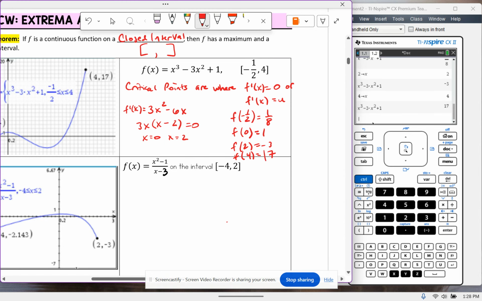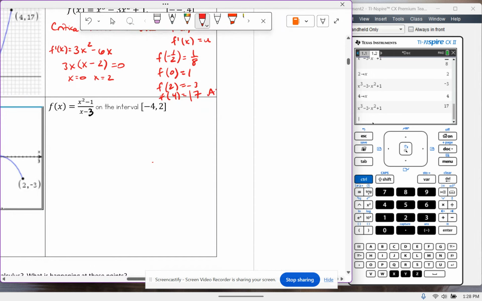Okay, so now you can evaluate what the absolute max or the absolute min is on this closed interval. What's the highest y? The highest y is happening where? Yes, so this would be considered the absolute max. What's the lowest?